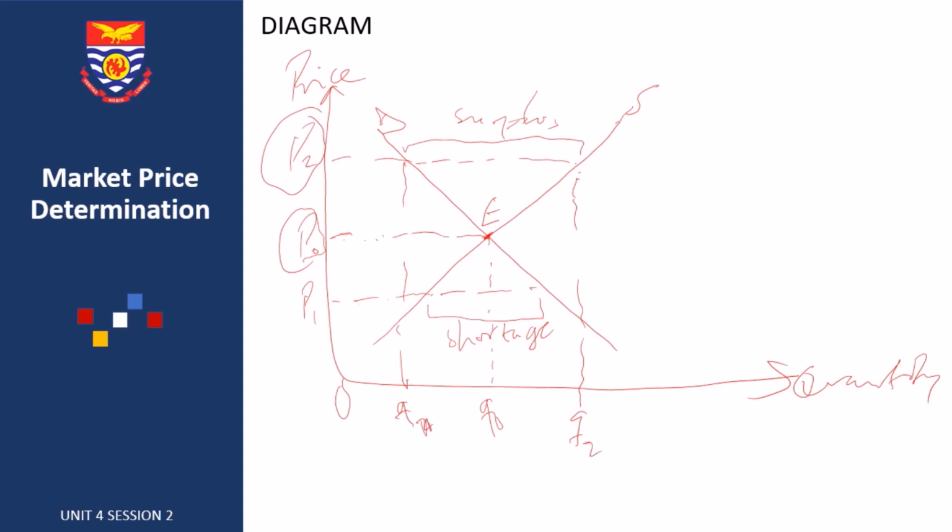We can see that the sellers are willing to offer more and the consumers are prepared to take less. Now we describe this market condition as a state of disequilibrium.